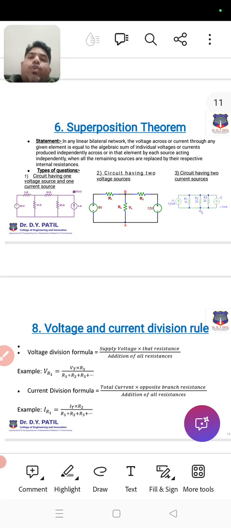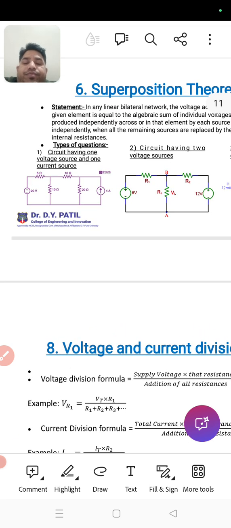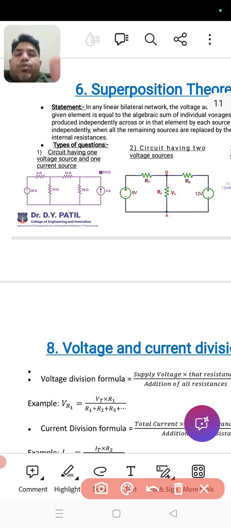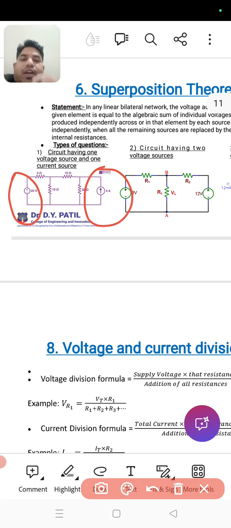There are two conditions when we are using the current source. Suppose there are more than two sources. As we can see here, there are two types of sources, voltage source and current source. What the superposition is, is like a type of coupling.